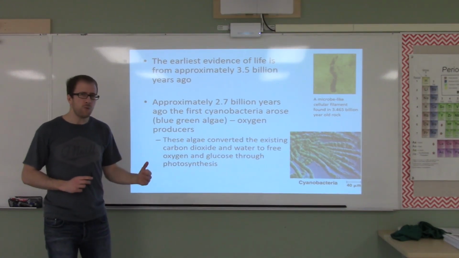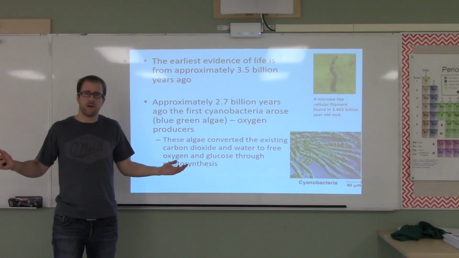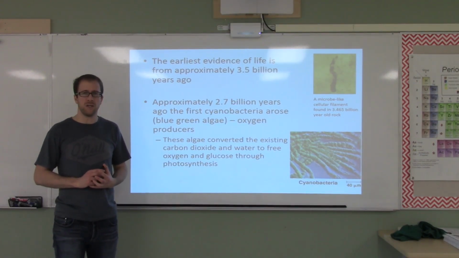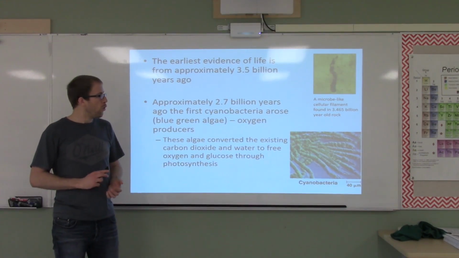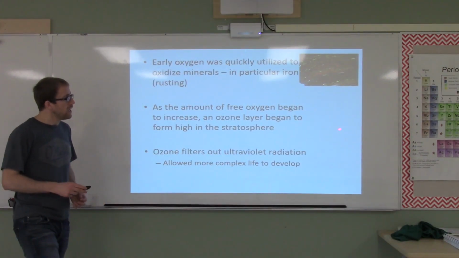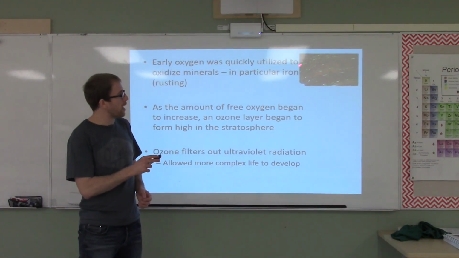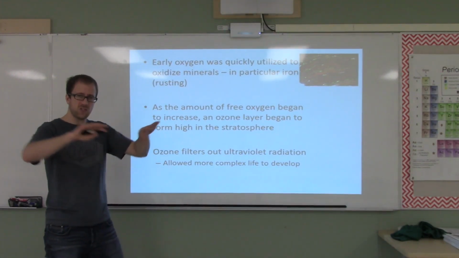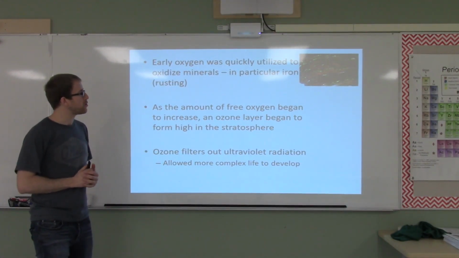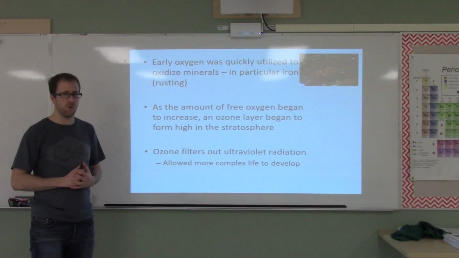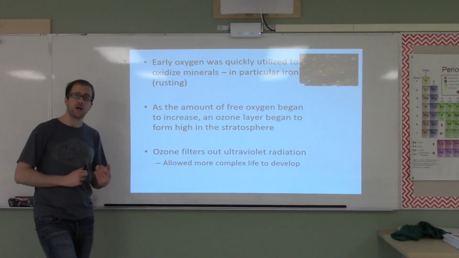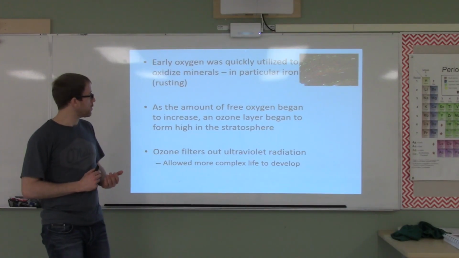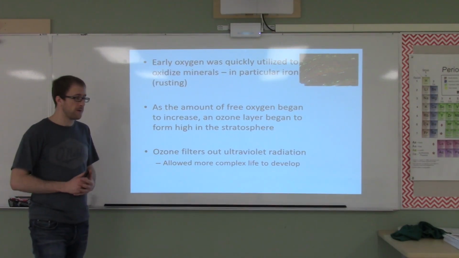So what do you think we see when we look at rocks that are 2.7 billion years old? Well, we see a giant iron band across our planet, a giant rust band, these red rust streaks in rocks that are 2.7 billion years old. So that's how we know when oxygen first arose on Earth, or free oxygen, I should say.